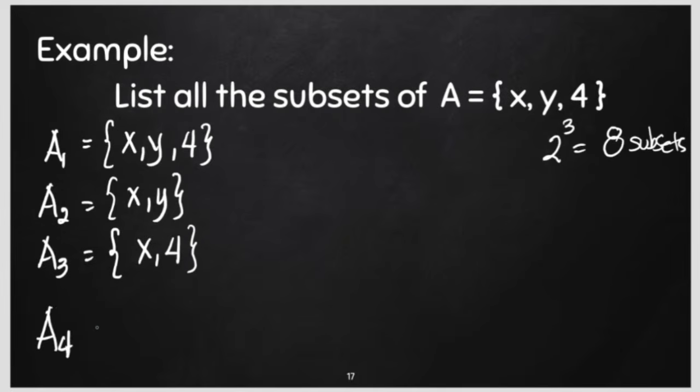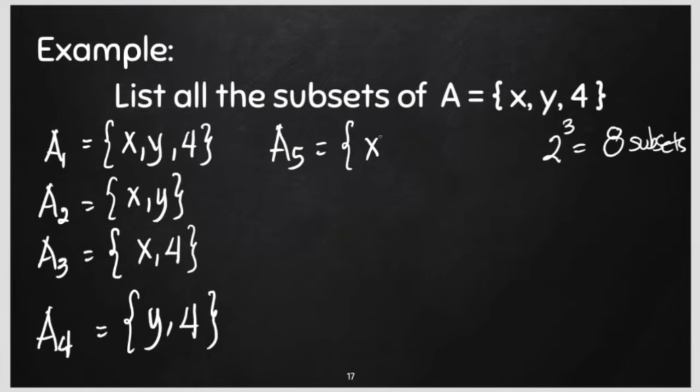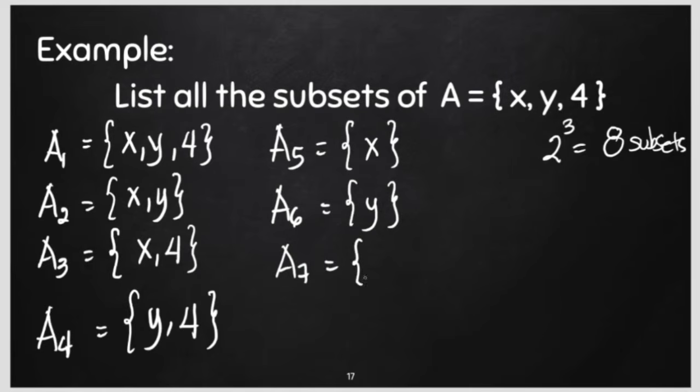A sub 4, {Y, 4}. Then A sub 5, {X}, A sub 6, {Y}, A sub 7, {4}. And then lastly would be the empty set. So these are the 8 subsets.